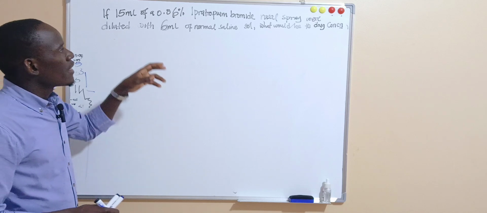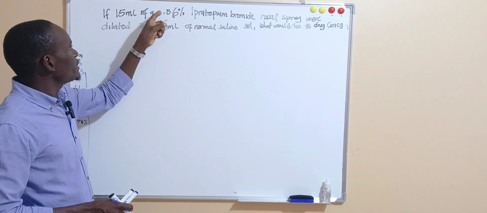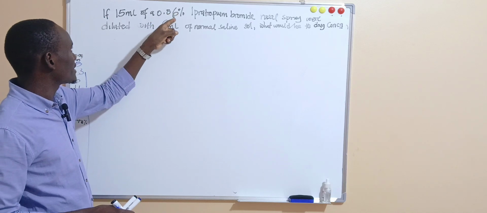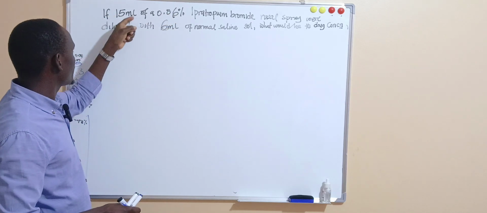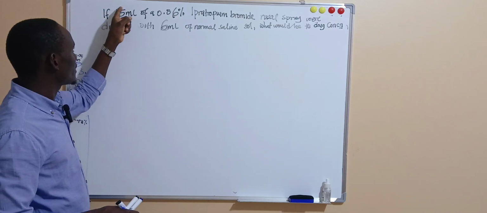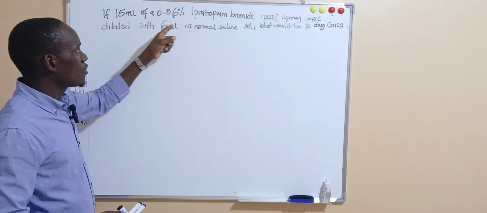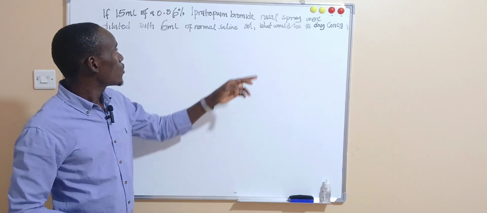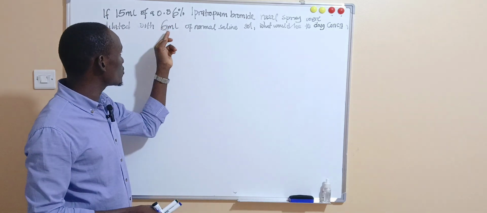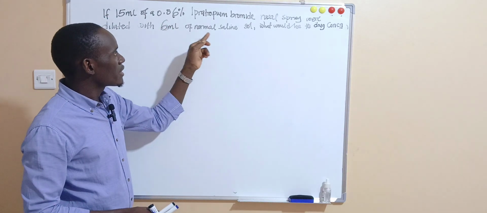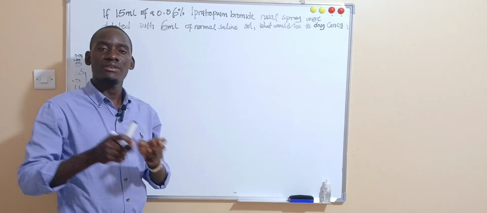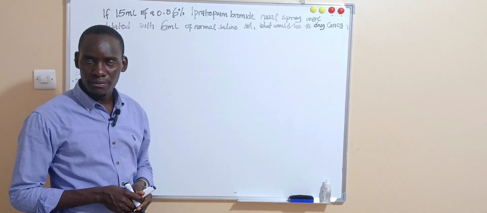So, if 0.06% of 15 mils of ipratropium bromide nasal spray were diluted with 6 mils, what is the concentration of the resulting solution?